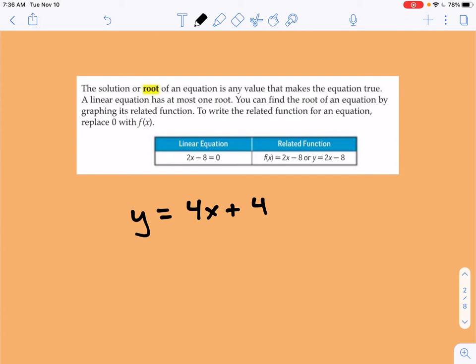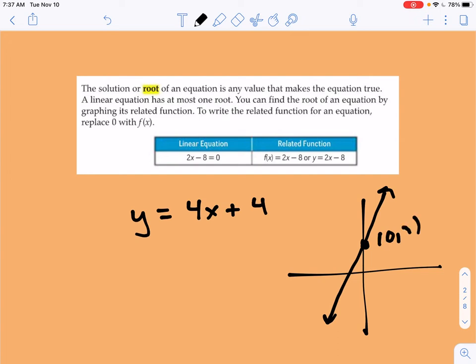Then when they say that you can find this by graphing its related function, that's because when you graph this equation, it's going to look something like this, where it goes through the point (0, 4) and then crosses the x-axis at the point, I believe, (-1, 0).